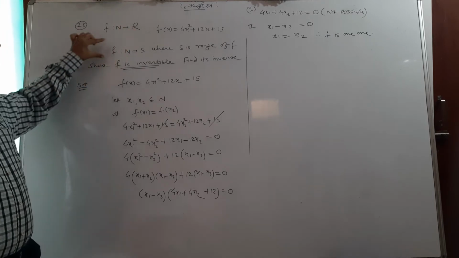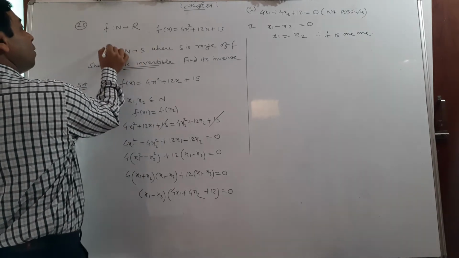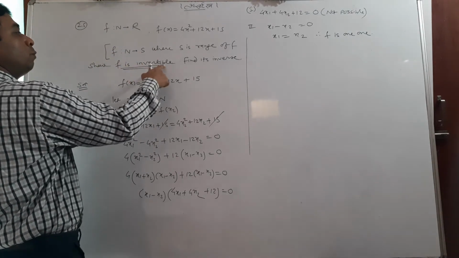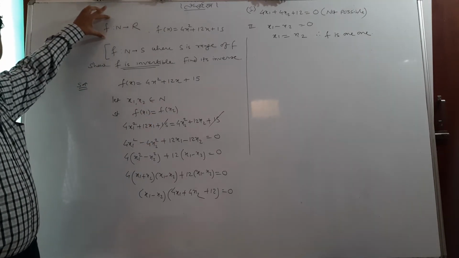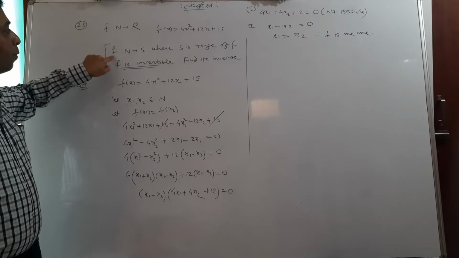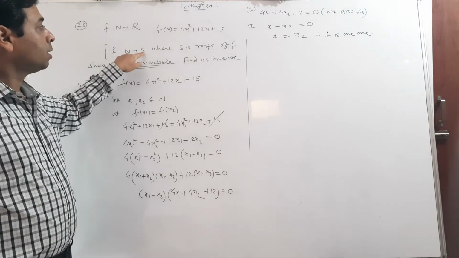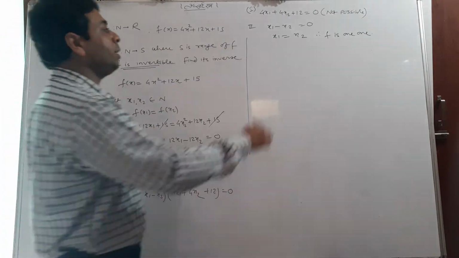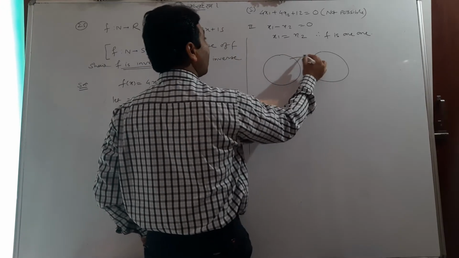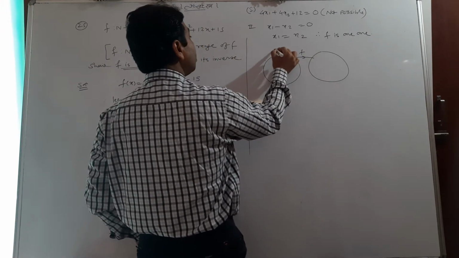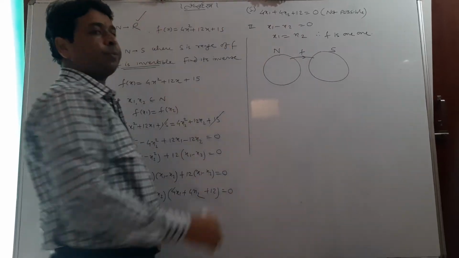But here we are told that we have to show the function is invertible, meaning in that sense it is senseless, because we are told the function is from N to S. Student, you are worrying about what S is. S is the range of f, meaning we have to follow the picture that your f is from natural numbers to only S. We don't have to go with R.